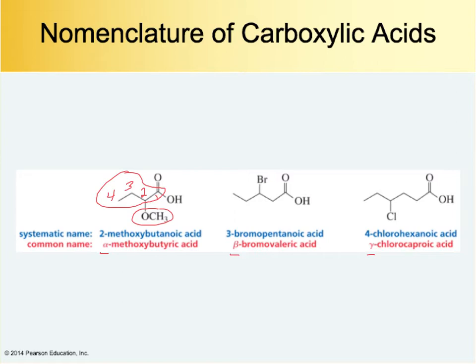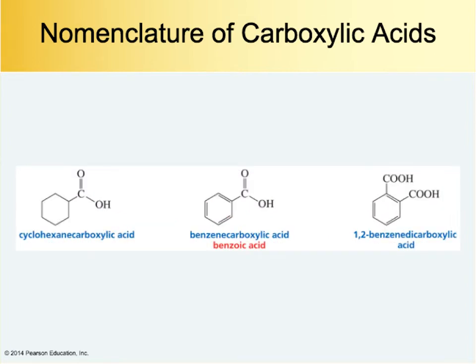Again, if you do another example, 1, 2, 3, 4, 5, the bromine is off the third carbon, or the beta carbon, as it were, the same idea. Let's incorporate some rings. This middle guy you should know already, that's benzoic acid. So a carboxylic acid on a benzene ring is benzoic acid, or benzene carboxylic acid.